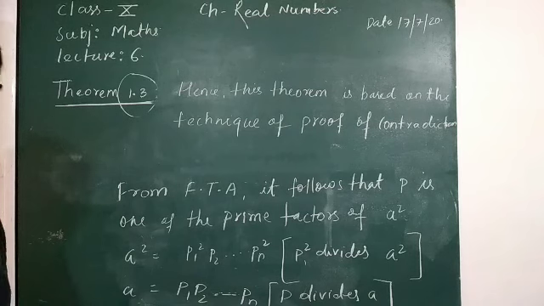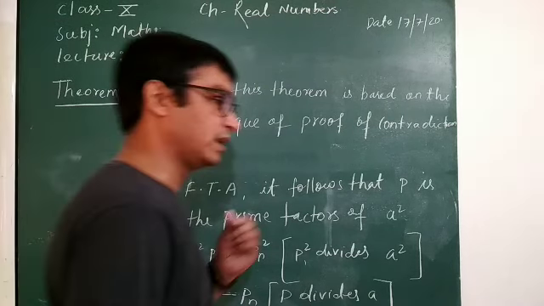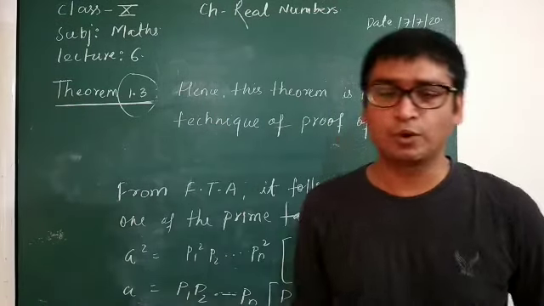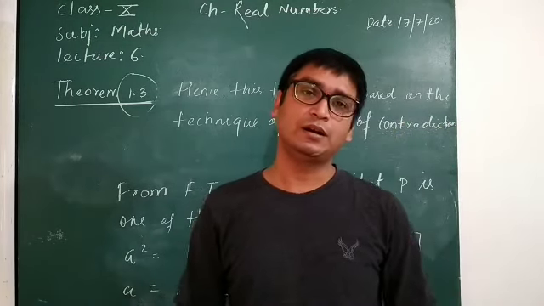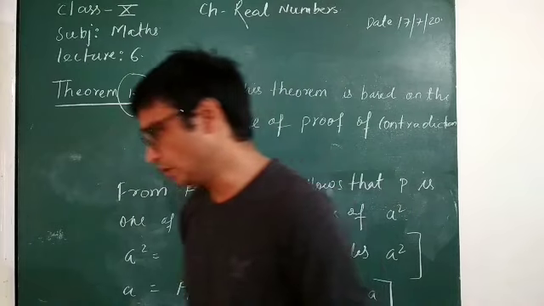Now coming to theorem number 1.4: prove that root 2 is an irrational number. Okay, so let's see that.